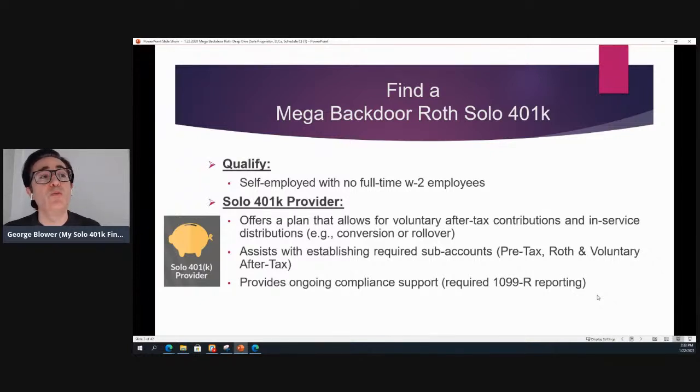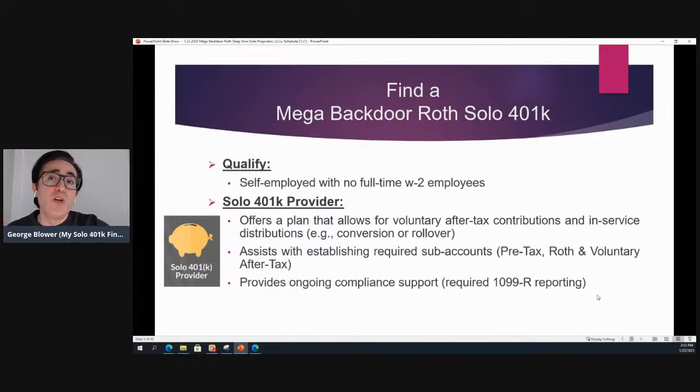So you can already contribute more than you can contribute to a Roth IRA. You could go up to, as you'll see, $19,500 or $26,000 if you're 50 or older into a Roth account. But with a Mega Backdoor Roth, as we see as we go through some scenarios, you could really get as much as, for 2021, $58,000 or even $64,500.